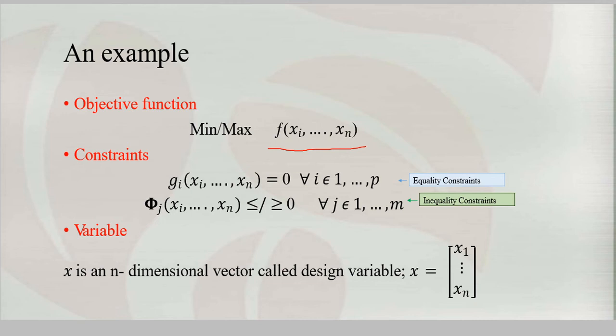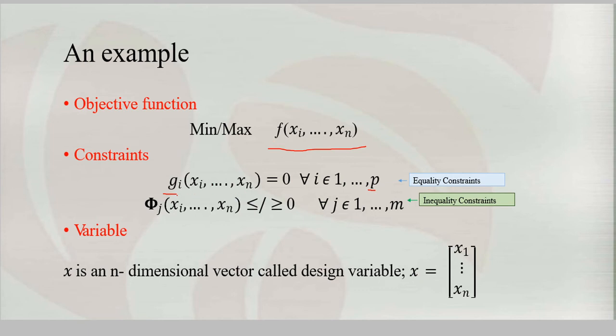When you talk about the constraint, the equality constraint is represented as g_i of x equal to 0 for all i in 1 to p. Here p is the maximum number of elements, 1 to p. The x could be the input values we are passing, which may vary from i to n.